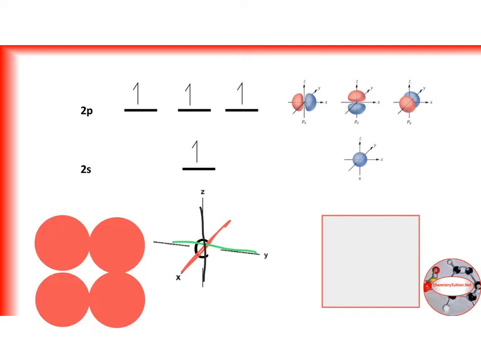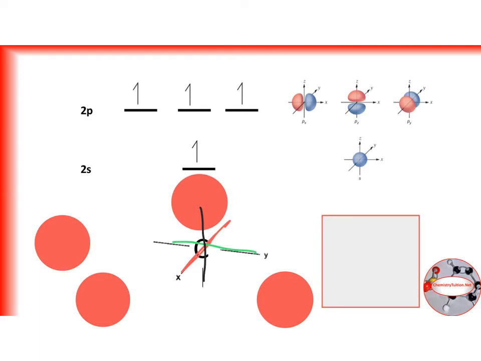So here I've shown 4 1s orbitals, which will represent hydrogen giving its electron. So each of these will contain 1 electron to form a covalent bond with each of these carbon orbitals. So let's have a look and see how that can work. The first one will form a bond with the pz.